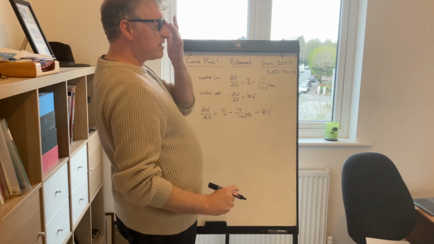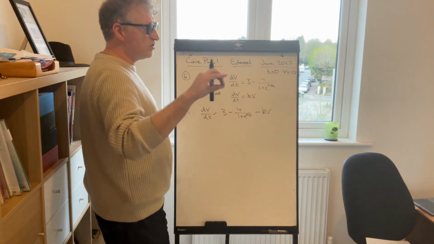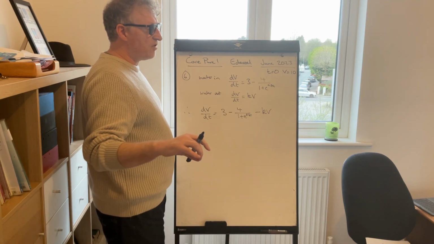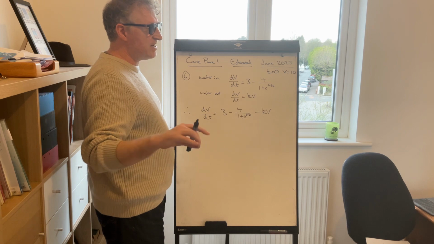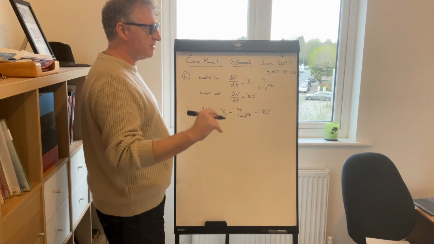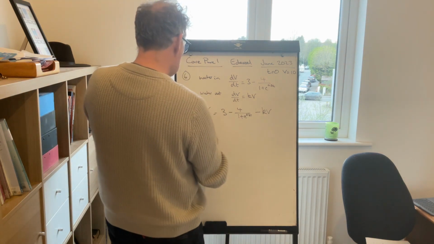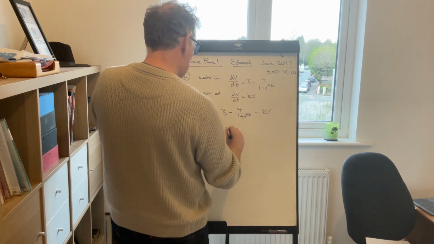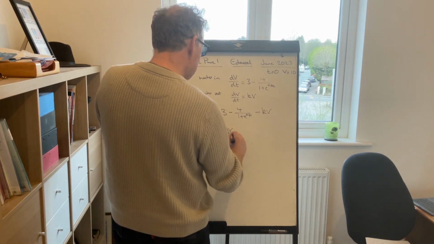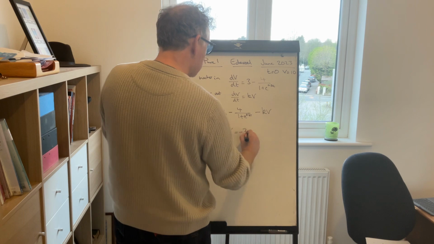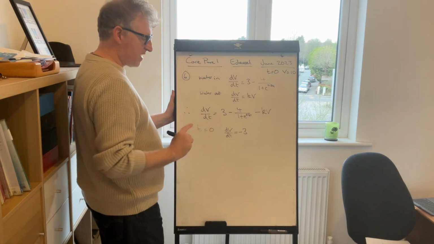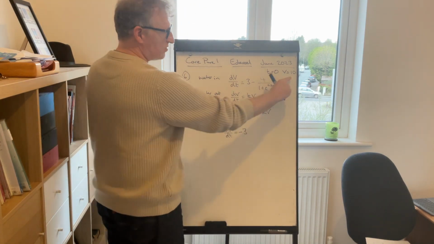Now, it tells us that when t equals 0, the volume of water in the tank is decreasing at a rate of 3 litres. So when t equals 0, we know dV by dt decreasing, so it's going to be minus 3. Okay? And we also know that when t equals 0, V equals 10.